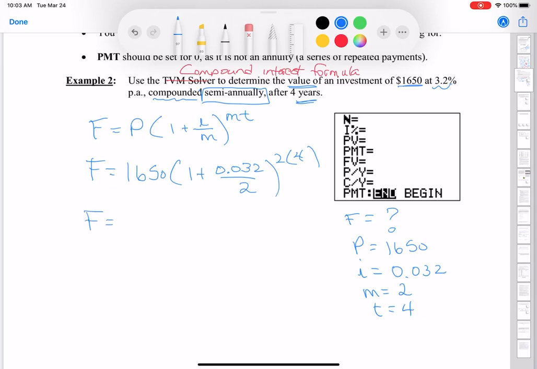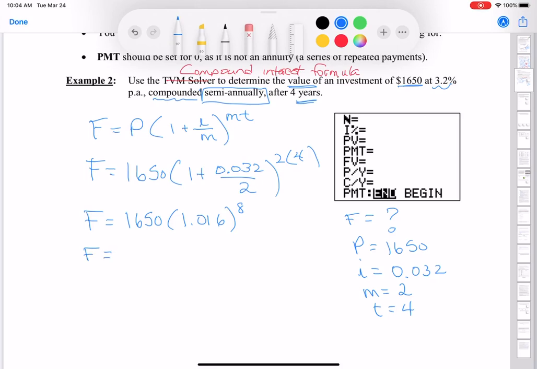I might just take a moment and break this down so that it's a little bit cleaner to put into our calculator. I'm going to solve for what's inside the brackets, and I'm left with 1.016. I'll simplify that exponent, and now we can just punch this into our calculator.